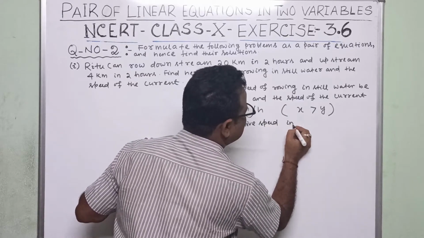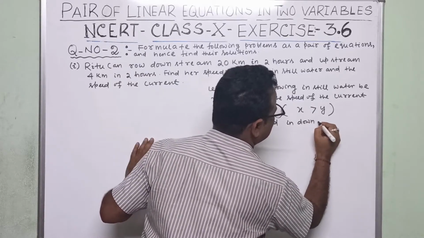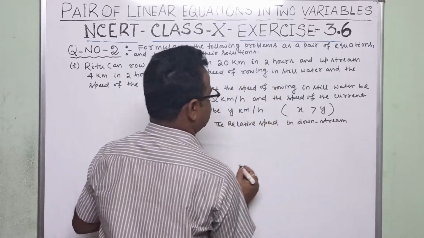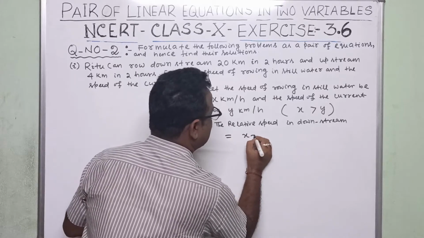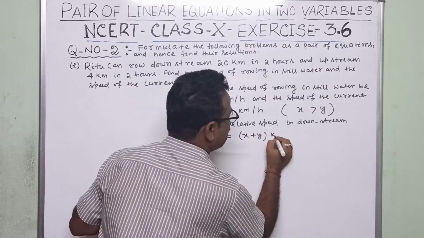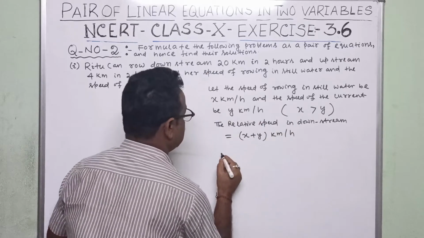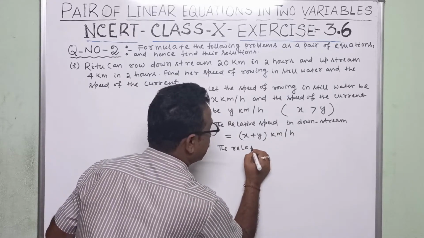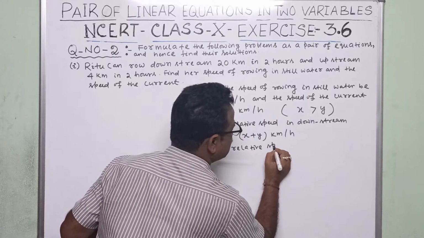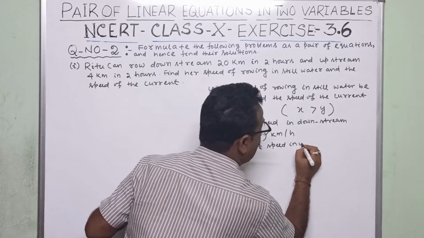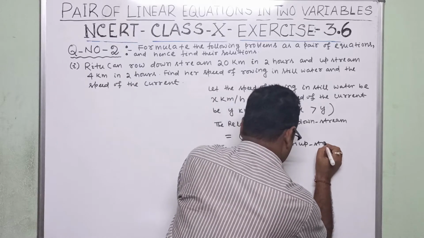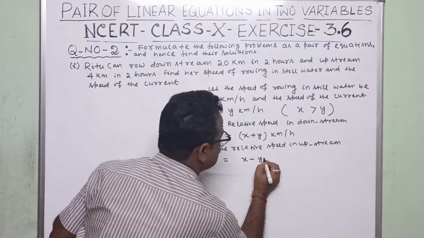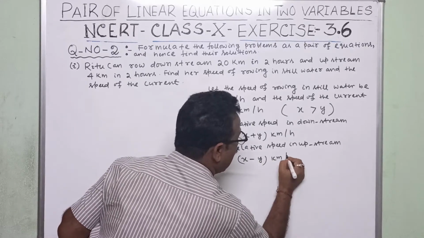Now the relative speed in downstream is equal to x plus y kilometer per hour. Again, the relative speed in upstream is equal to x minus y kilometer per hour.